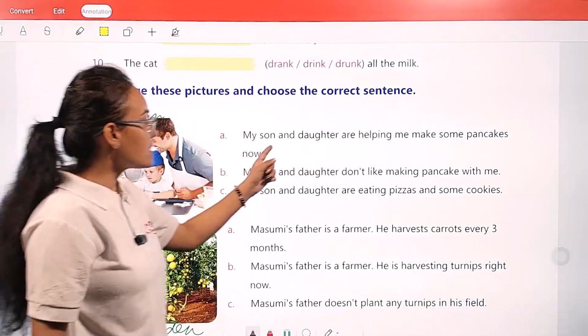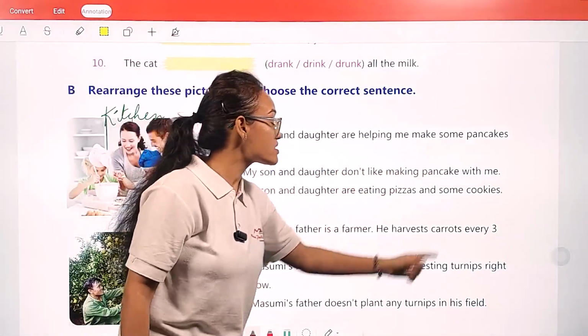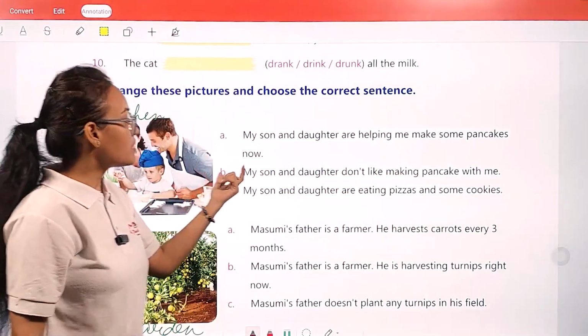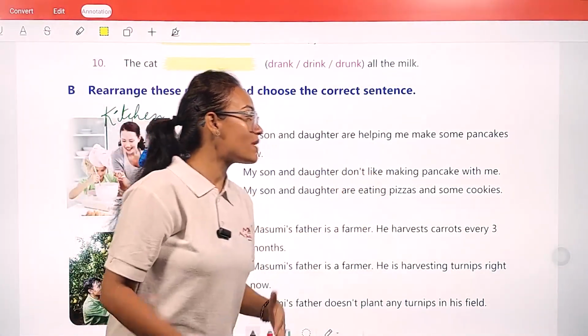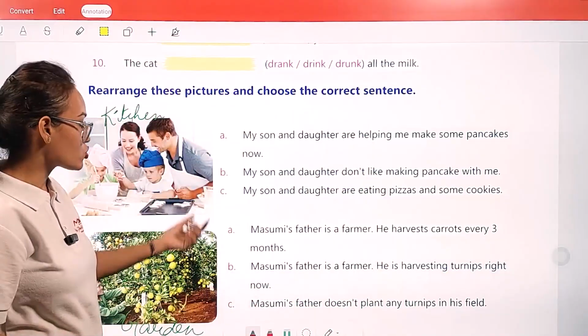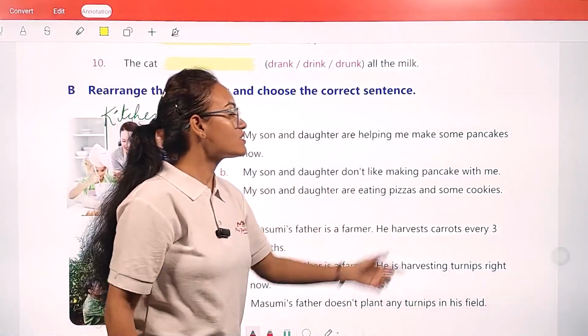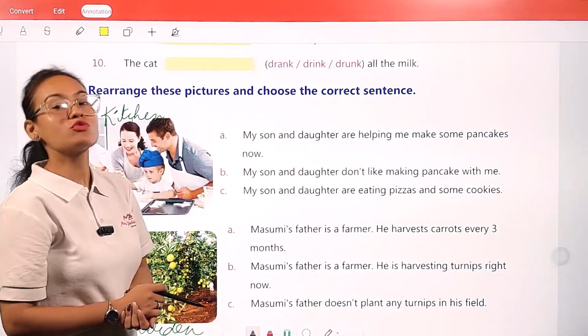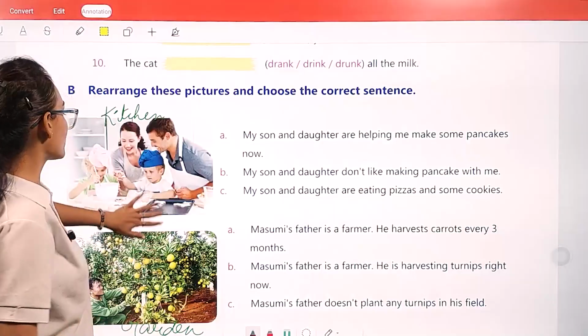A, my son and daughter are helping me make some pancakes now. Is this right? Or B, my son and daughter don't like making pancakes with me. Last option, my son and daughter are eating pizzas and some cookies. So among these three options, which option is correct? Just have a close look at this picture.